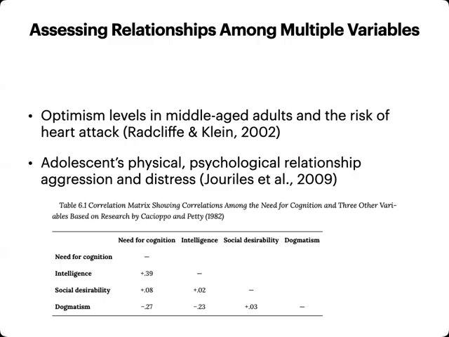For instance, researchers Nathan Radcliffe and William Klein examined a sample of middle-aged adults to explore how their optimism levels, assessed by a short questionnaire called the Life Orientation Test, relate to various factors associated with heart attack risk.